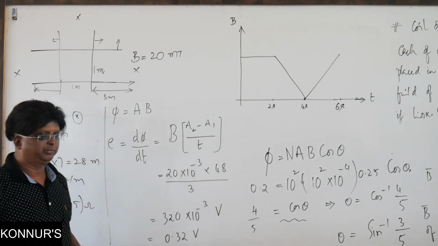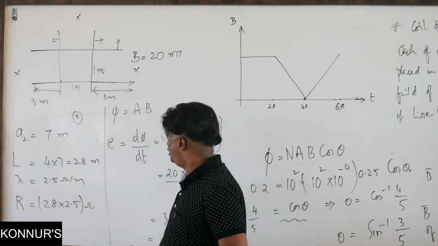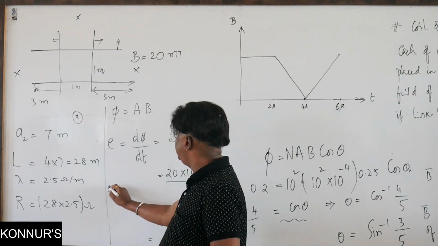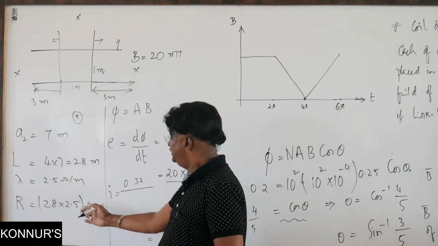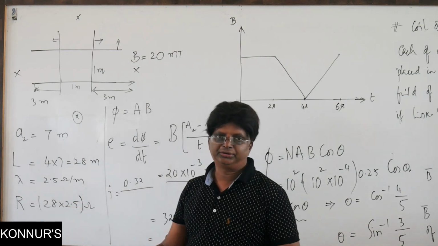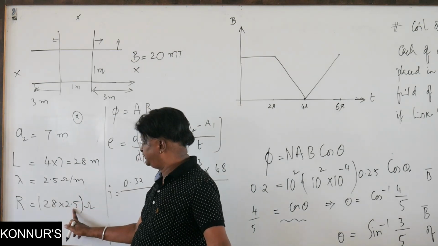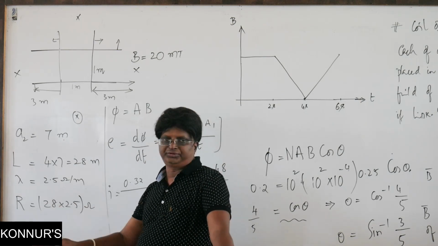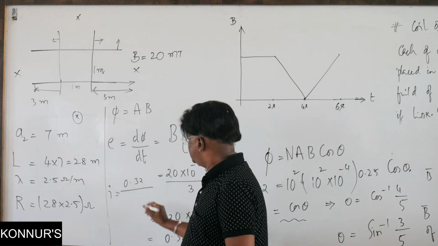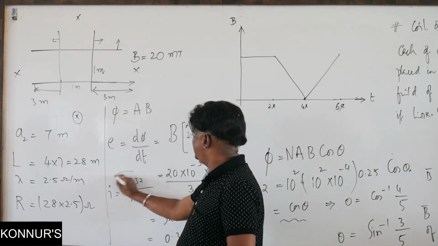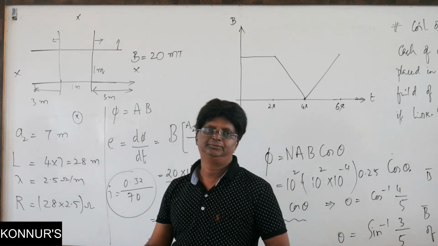No submultiples are given. Therefore, once you got this R value, now you can write I is equal to 0.32 by this number that you got. So 28 twos, 56, 28 halves, 14. 56 plus 14 it becomes 70. But this is what is 70, and these many amperes is the induced current.